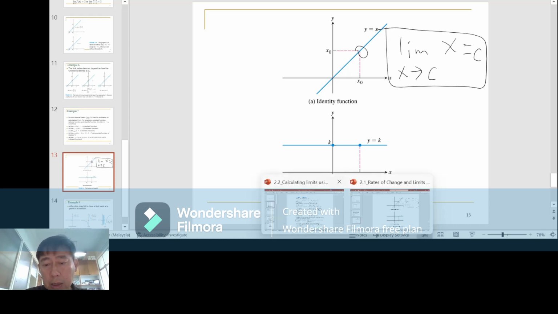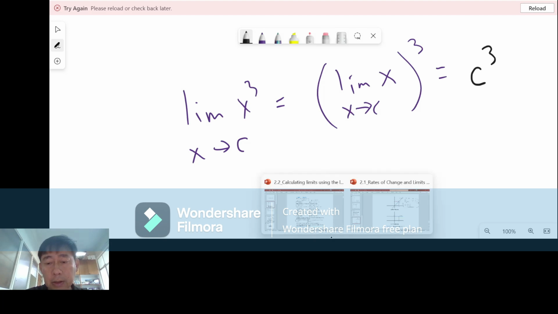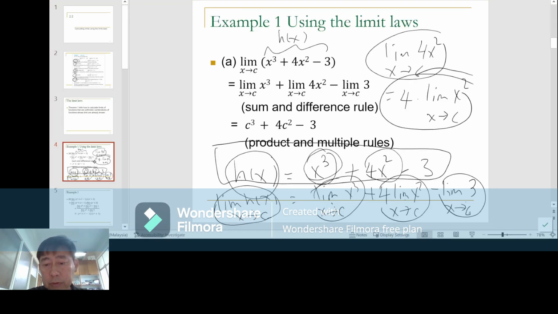So here, when you ask for the limit of x power 3, that is equal to the limit of x raised to the power of 3, and this limit is just equal to c raised to the power of 3. So that is the result for the limit of x power 3.